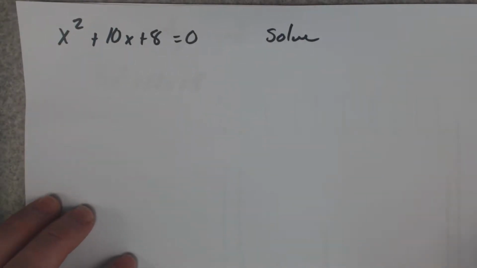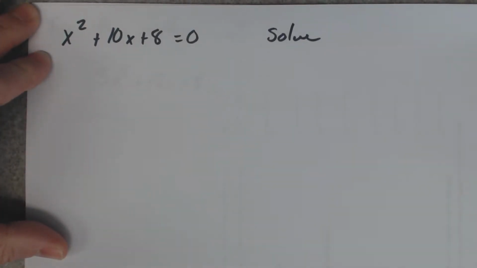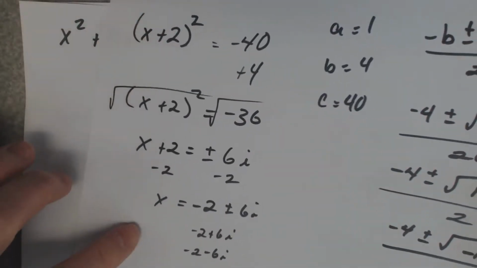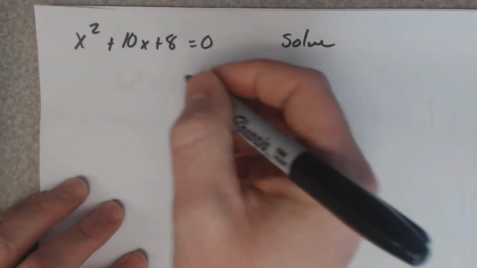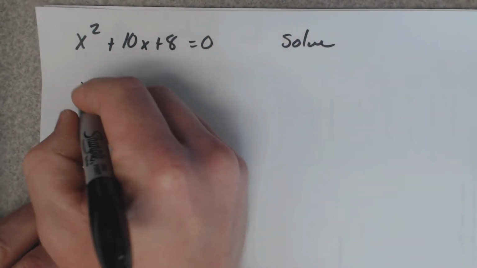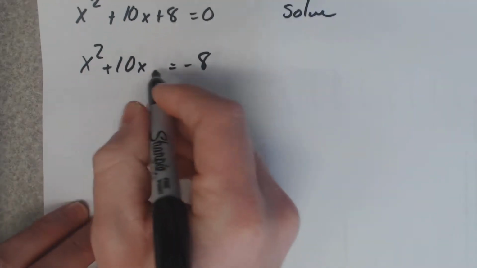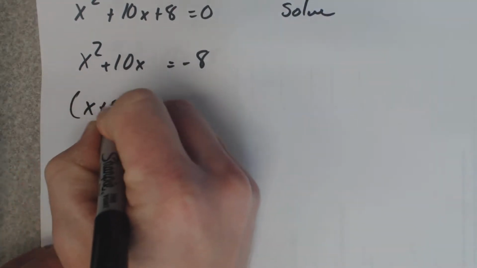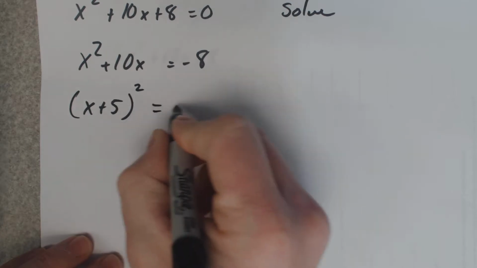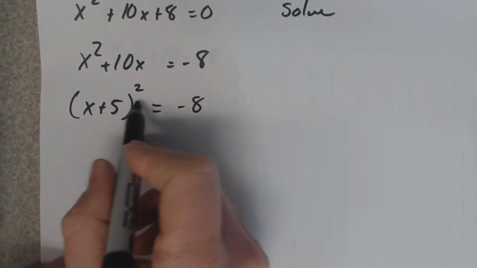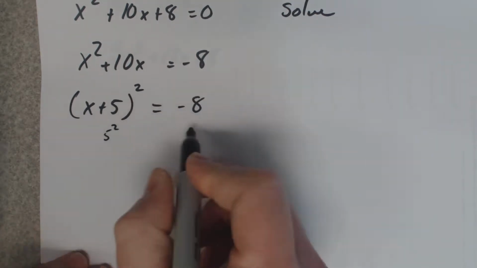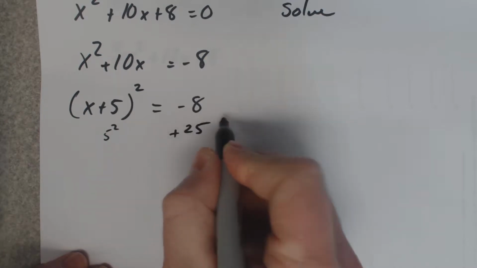Try it again. We'll complete the square again. And to me, it's a little bit easier to do it by completing the square than to go through all that with the quadratic formula. So remember what I did. I'm going to move the 8 over. All right, I'll take half the 10. Technically, I've got a 25 in here, 5 squared. So I'm going to add 25 over here.